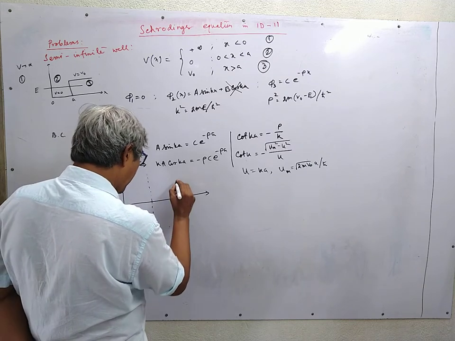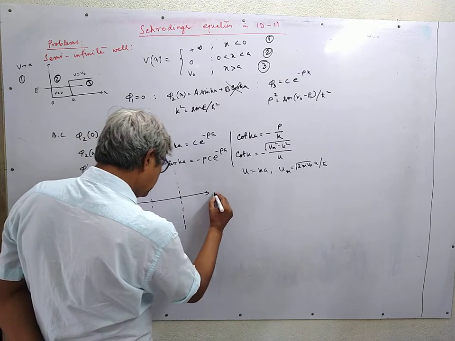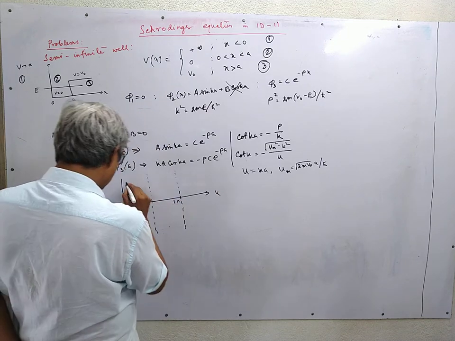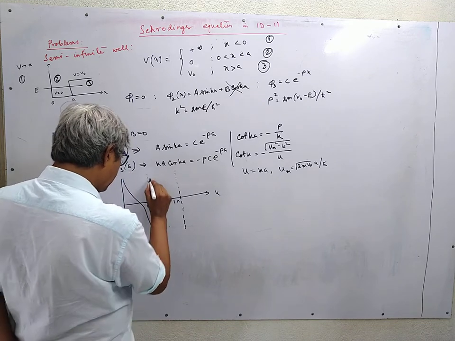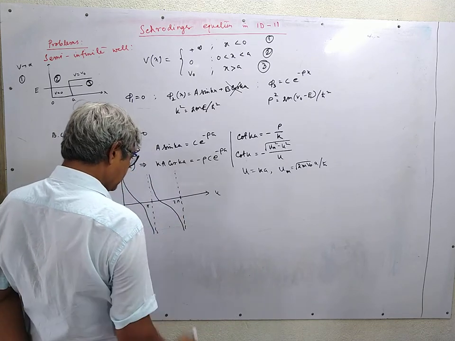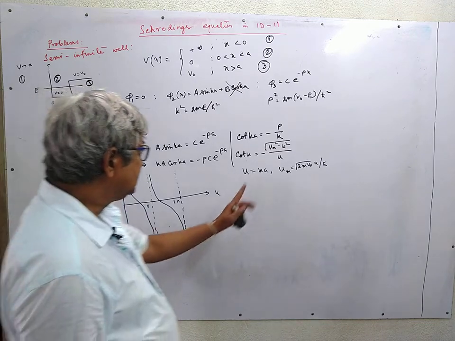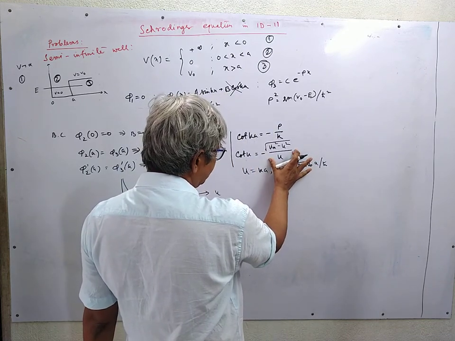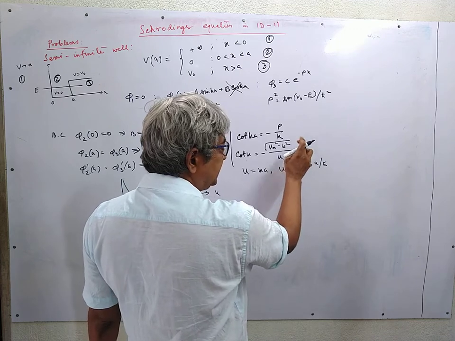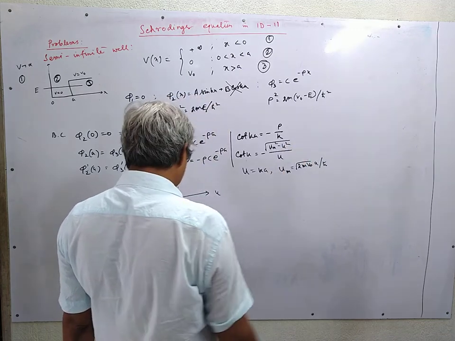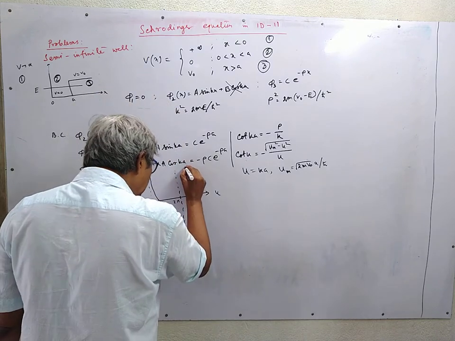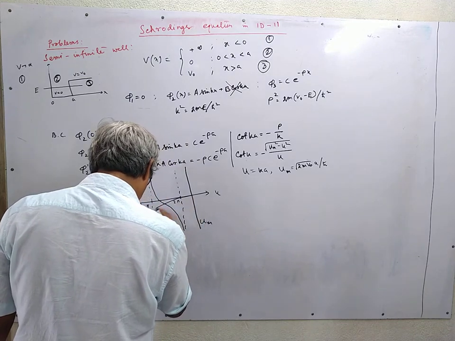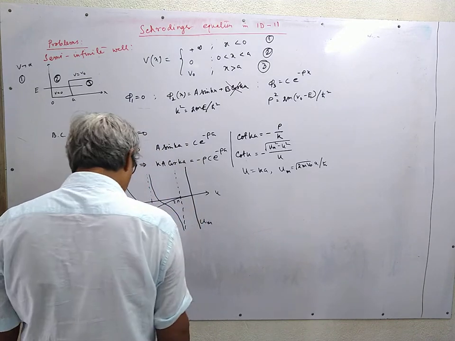This is pi, this is 2 pi, and this part goes to minus infinity as u goes to 0, and approaches 0 from the left-hand side as u tends to u_m. So we must write the line. This is the nature of the graph.